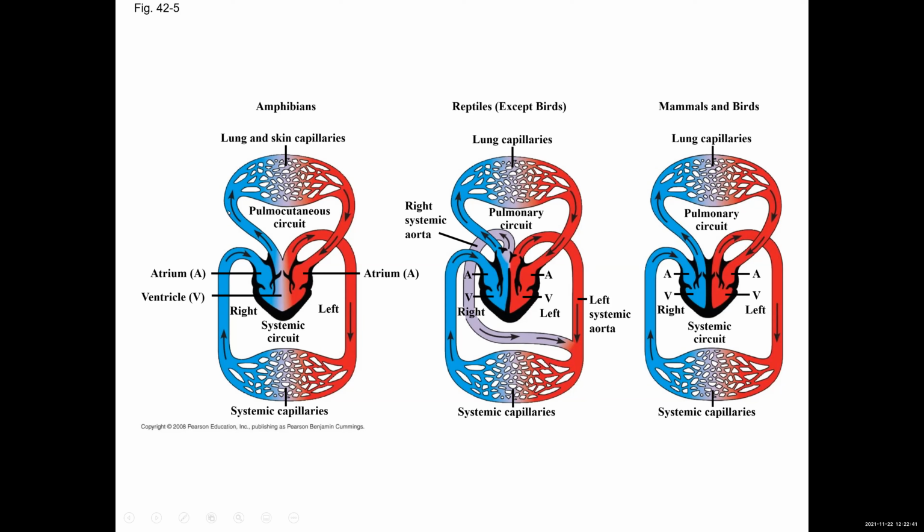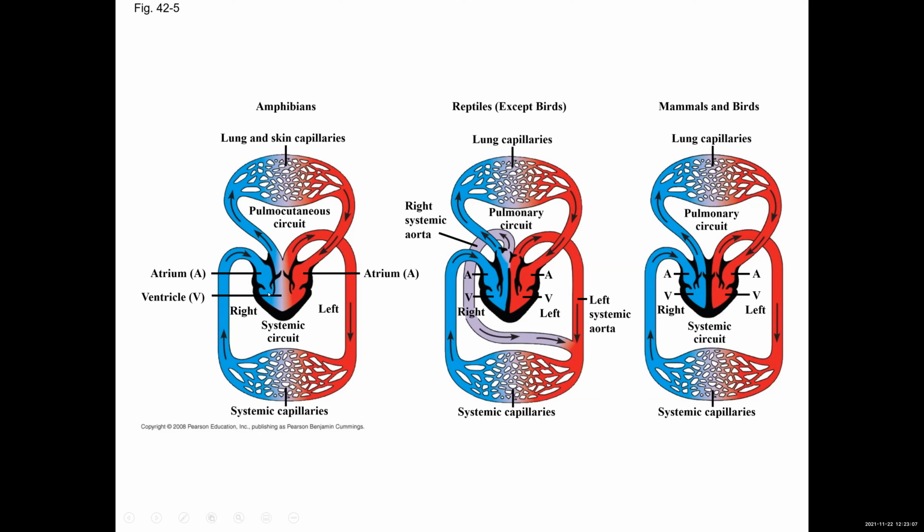But we have blood that is oxygenated coming from, in amphibians, they can get oxygen both through their lungs and through their skin. Right? So we actually have 2 different sets of capillaries that can be delivering oxygenated blood back to the heart. It's going to go from this pulmocutaneous circuit, which is either to the skin or to the lungs, pick up oxygen, come back to the left side of the heart.